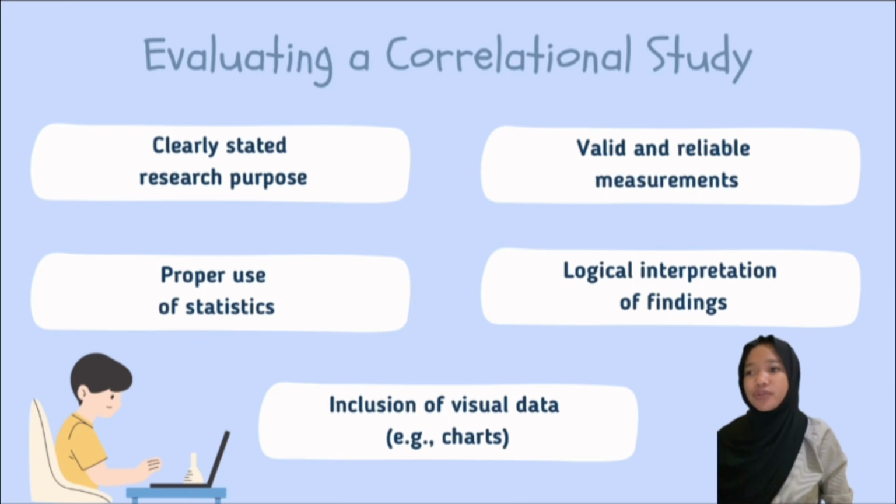Now we move to evaluating a correlational study. To evaluate the quality of a correlational study, we should look for the following. Is the purpose clearly stated? Were the instruments valid and reliable?